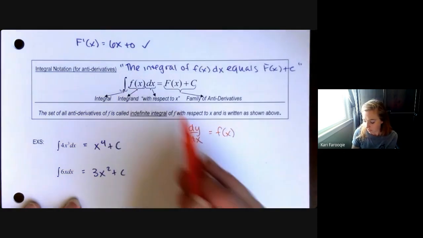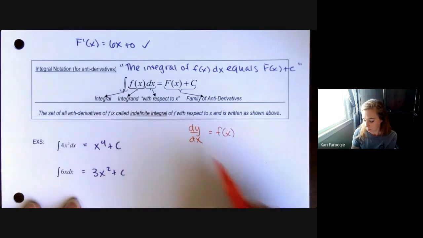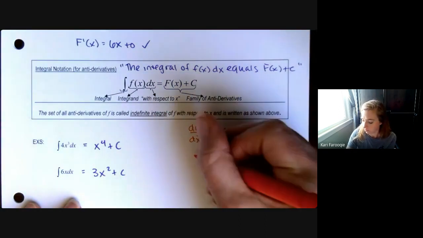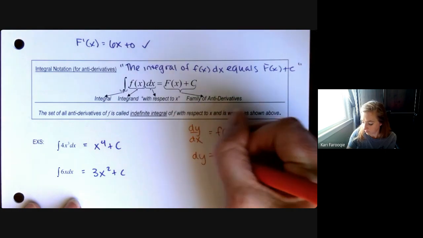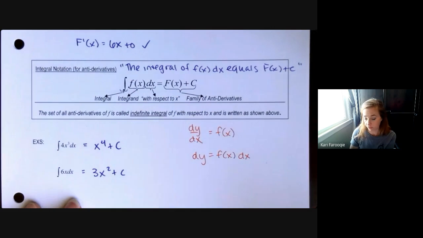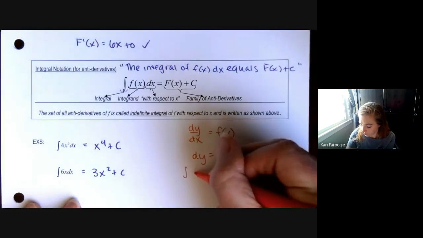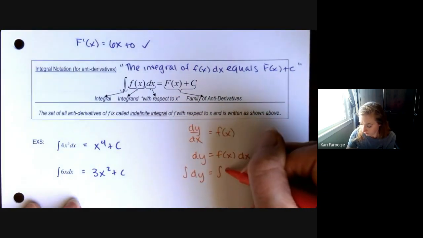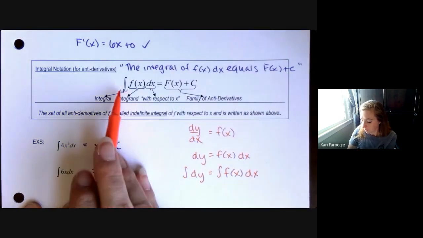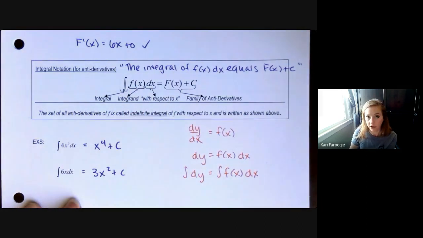Where we end up getting this notation, in case this is throwing you off, let's say we multiply both sides of this equation by dx. And then we can integrate both sides of the equation. And you can start to see where some of this comes from. So we have the integral of f of x dx is equal to the integral of dy.